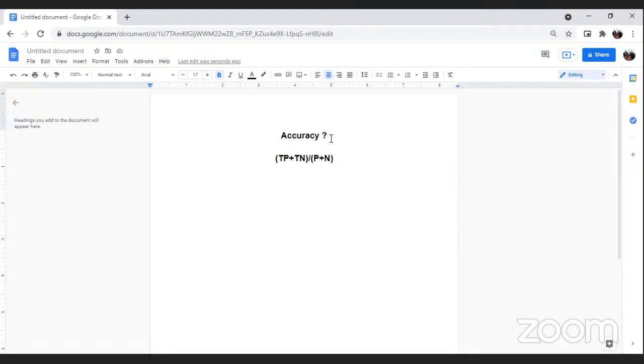I'm really sorry. Total number of true positives plus total number of true negatives divided by number of positives and number of negatives. This is how accuracy is derived.